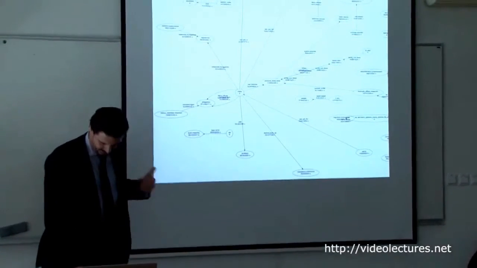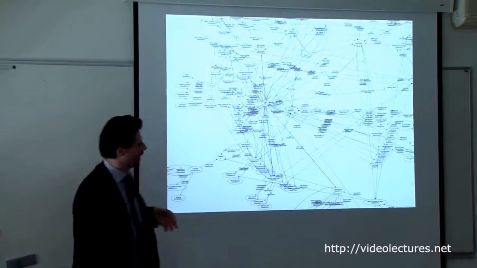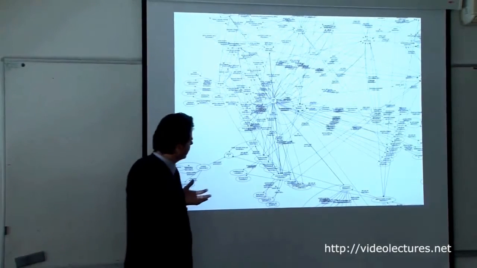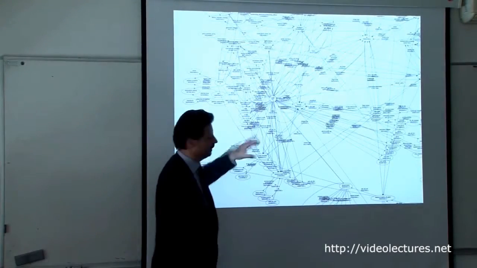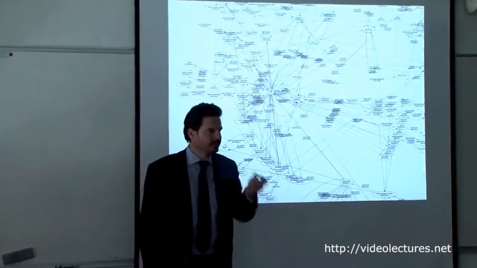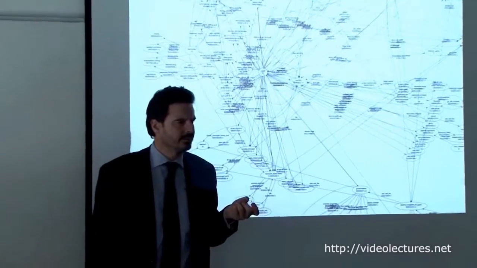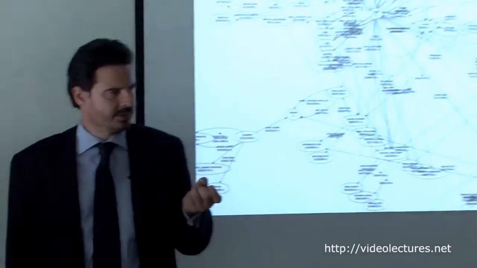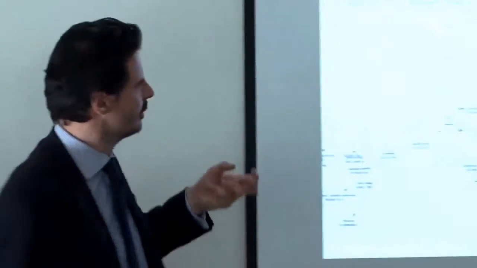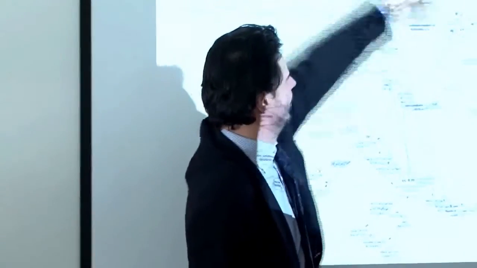But the next step, of course, is semantic roles, and this is where the network becomes much more complicated. So this is the result of, what was it? 100 documents. So you get this type of network, and of course you have the same agent all the time here. That's the Spanish prime minister doing all that.